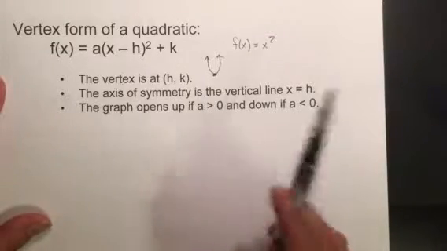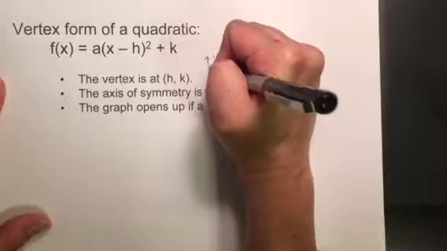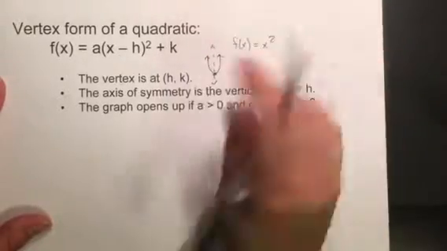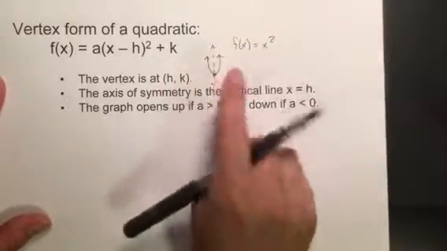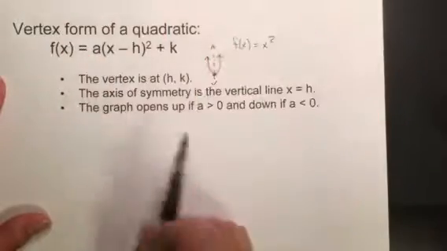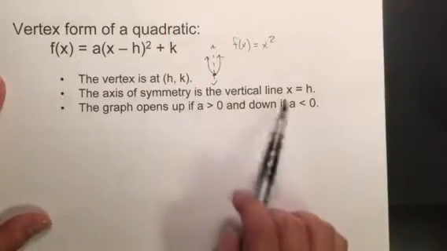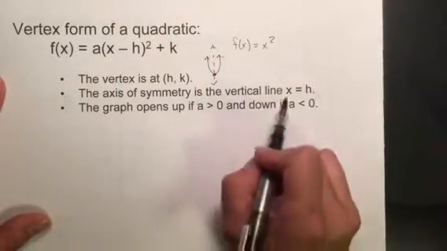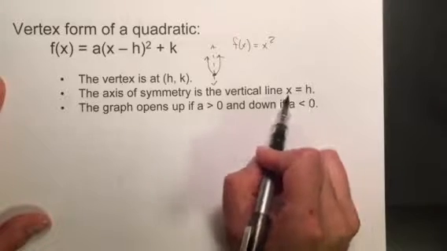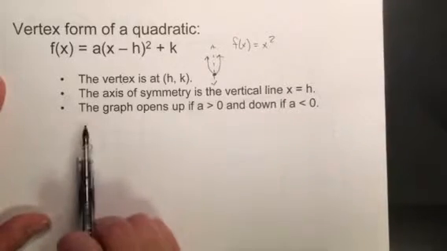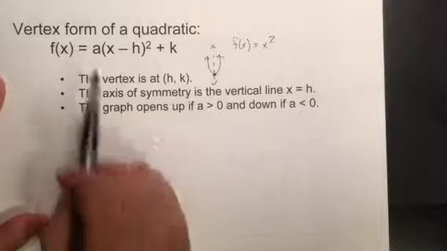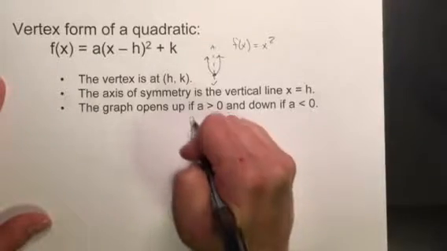The axis of symmetry then, because this function is symmetrical, a mirror image, is the vertical line at x equals h.